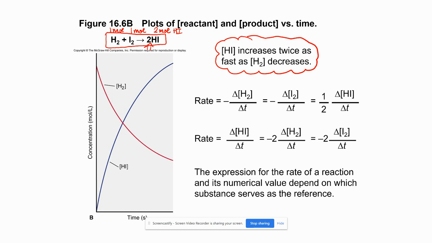Now, if we were to write this out, we could write it like this. The rate of HI, because that's our notation, change in HI over delta T, is increasing at twice the rate that I2 disappears and twice the rate that hydrogen disappears.